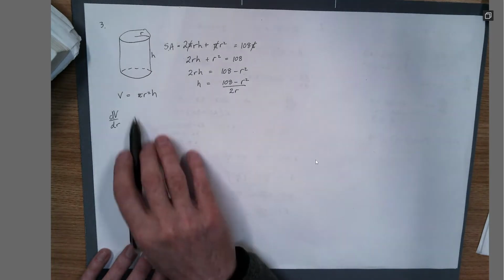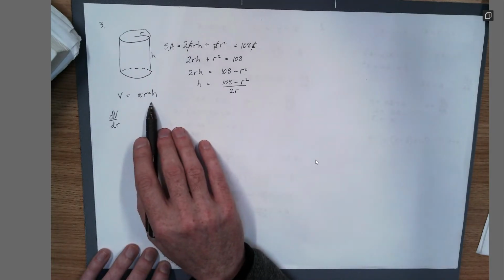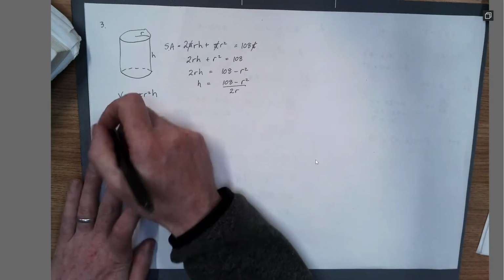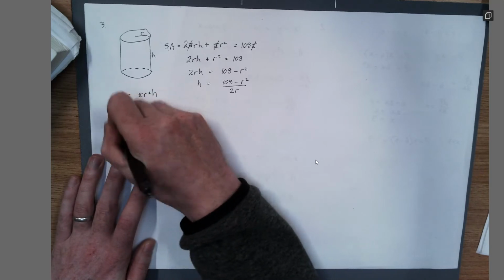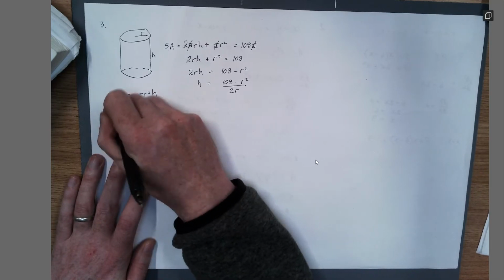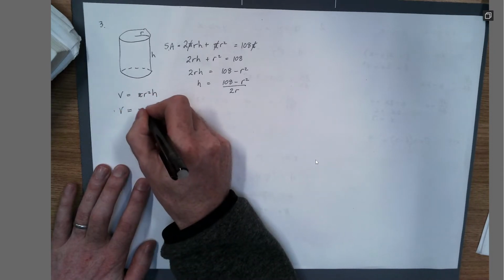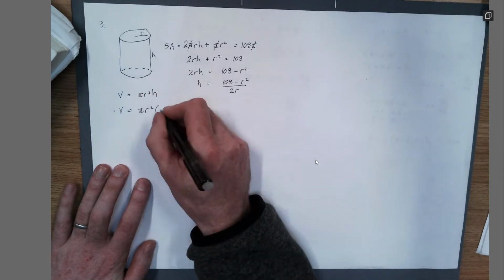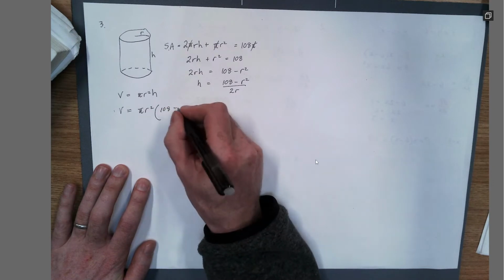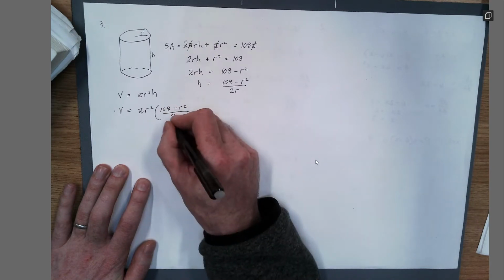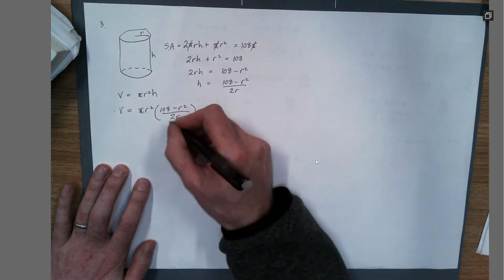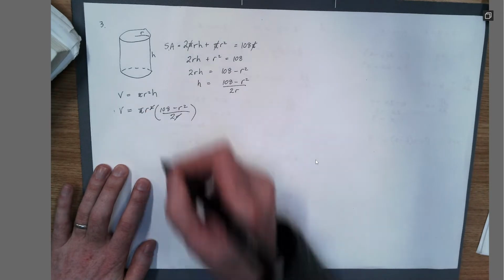So we start with the volume equals pi r squared h. Now we need to find dV/dr, with V in terms of r. So V equals pi r squared times the surface area minus pi r squared, divided by 2 pi r.